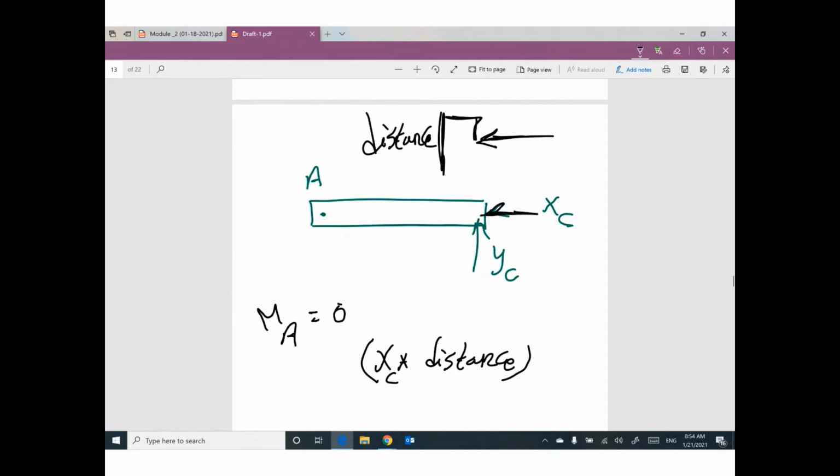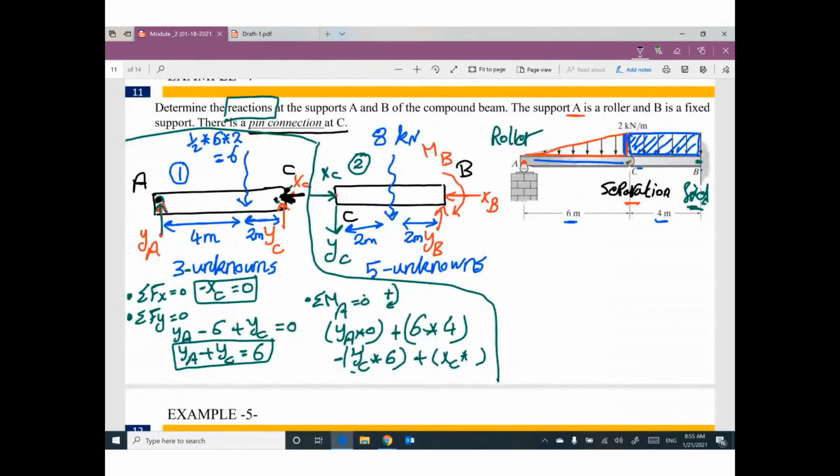Your force XC is horizontal. Your distance must be in the vertical direction. Do you have any vertical distance between XC and point A? No, we don't have any vertical distance. For this problem as a whole, we don't have any vertical distance. All your distances are horizontal, 6 and 4. I'm talking about XC and point A.